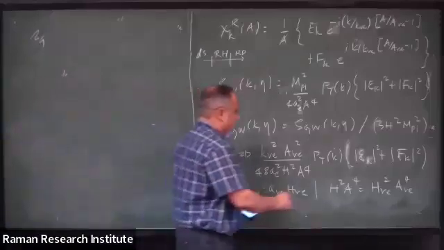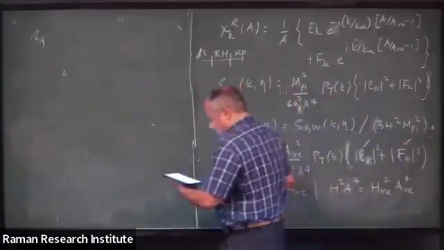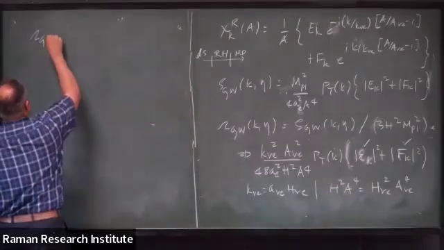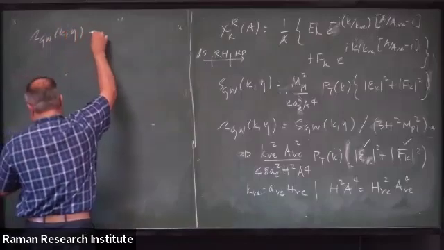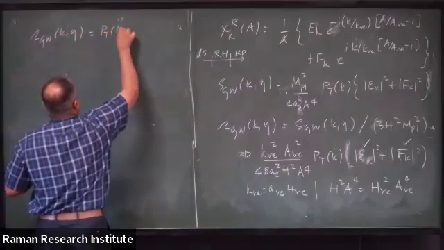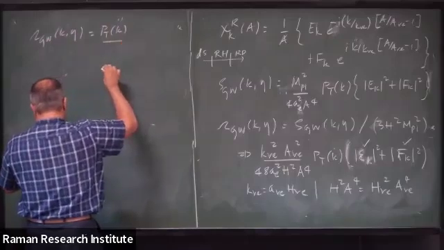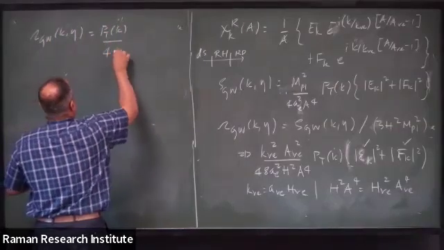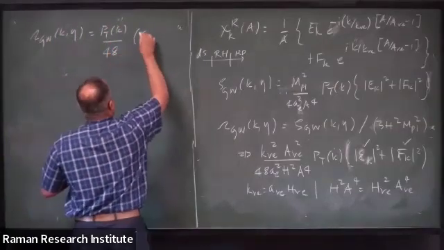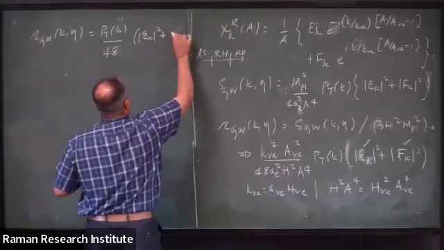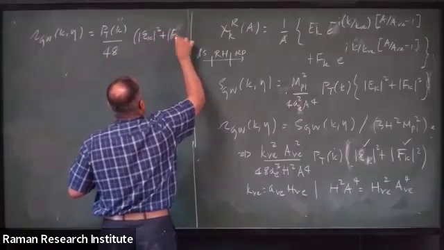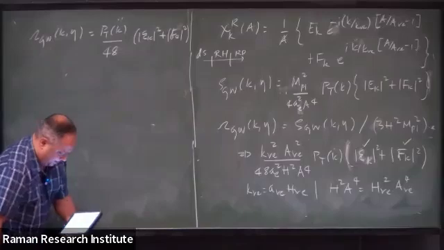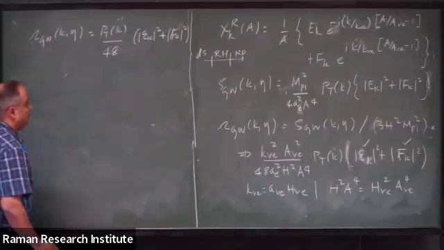I haven't yet said what script E_k and F_k are. I will mention that, just bear with me. It is just some version of E_k and F_k. So omega_GW of k, eta is P_T of k over 48, times mod script E_k squared plus mod script F_k squared.